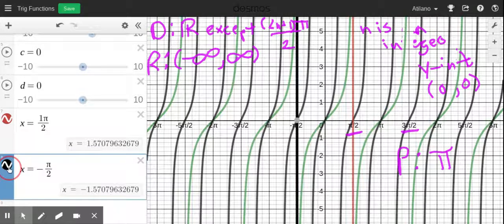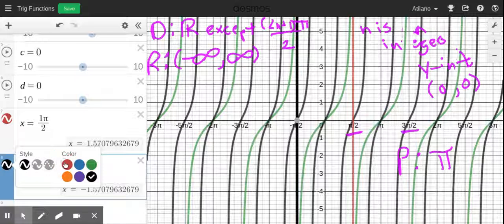But let's change that to red so we can match it. Within that span, if we look at the green, that's the traditional tangent graph. It would complete one cycle.